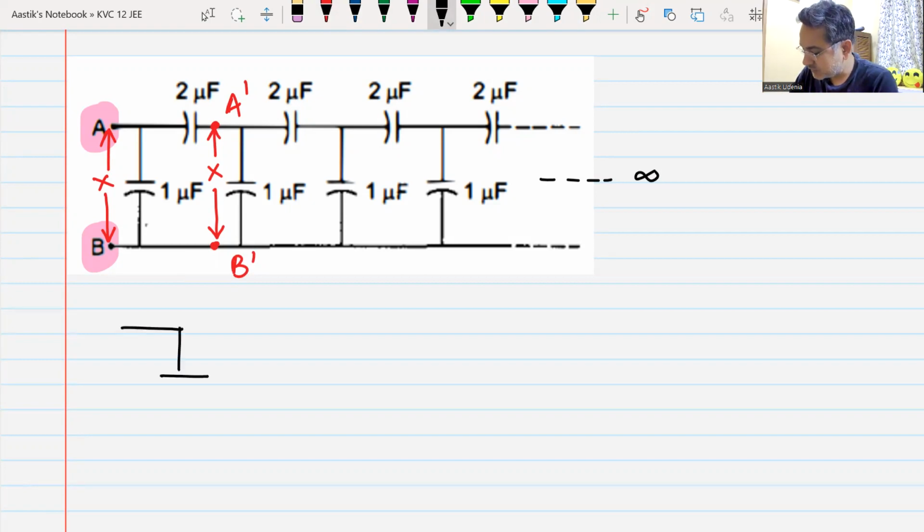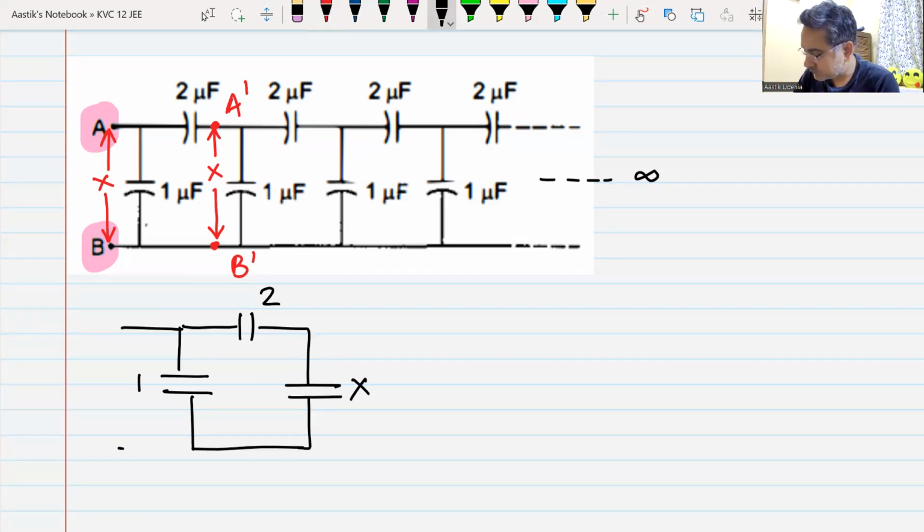So I will redraw the circuit. This is 1 microfarad. This is 2 microfarad. And this one is X. And I have to find the effective capacitance between A and B, which is also X. Now what do I do? 2 and X are in series, sir.